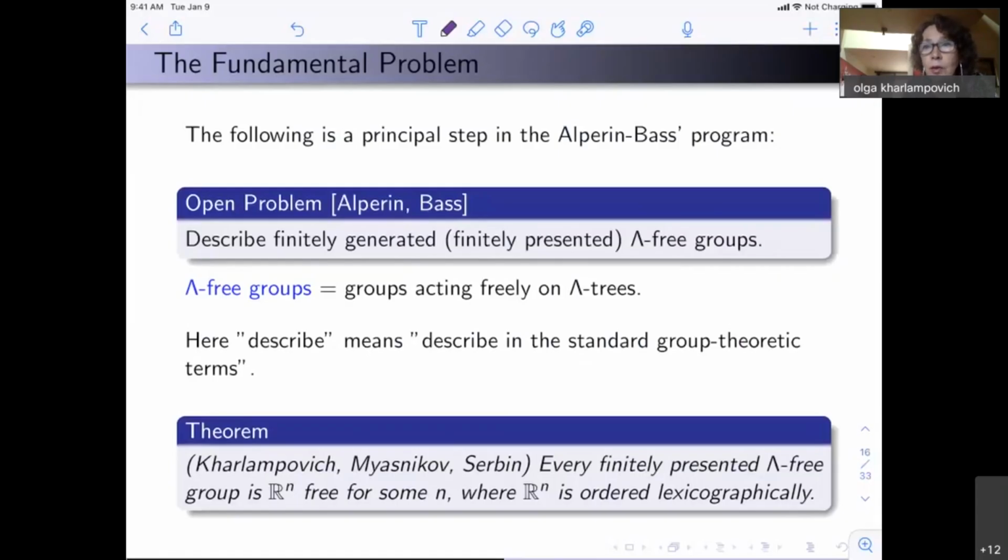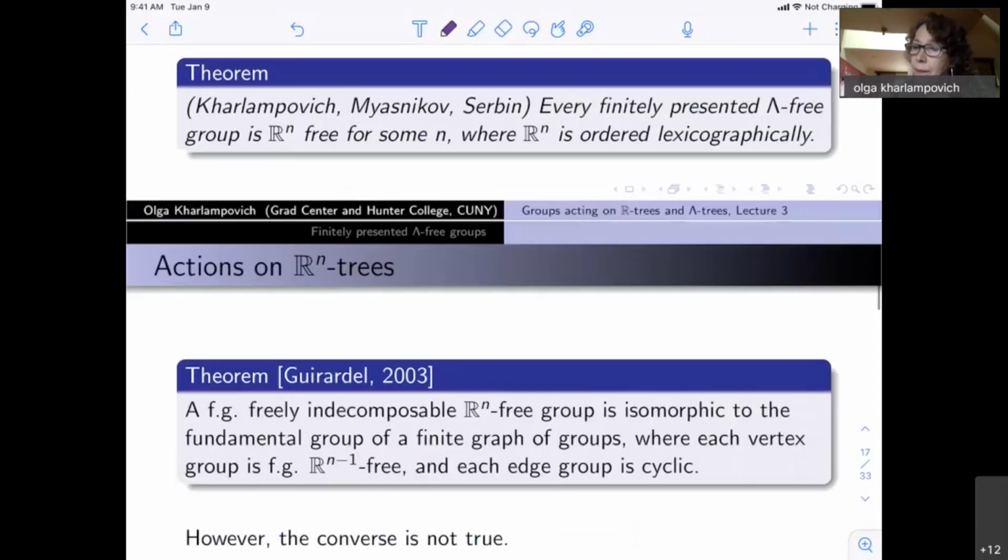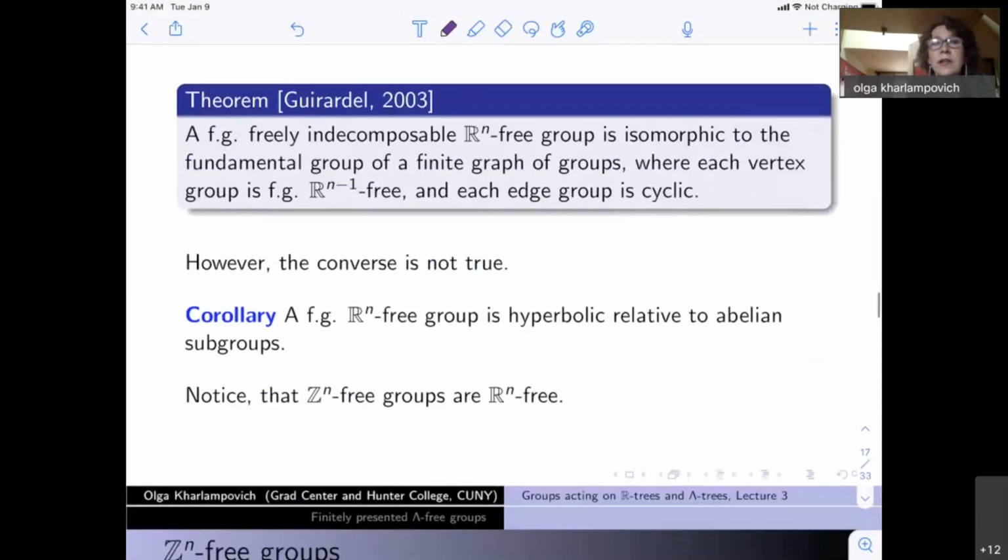Again, we know a lot in terms of free constructions, amalgamated products, and HNN extensions. There is a Girardelli result of 2003 that free product preserves the action on Rn trees. If you take two groups which act freely on lambda trees, then the free product does the same thing.